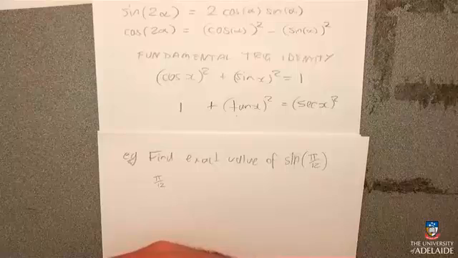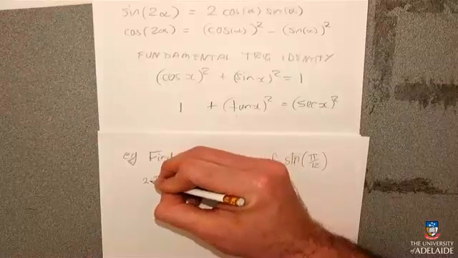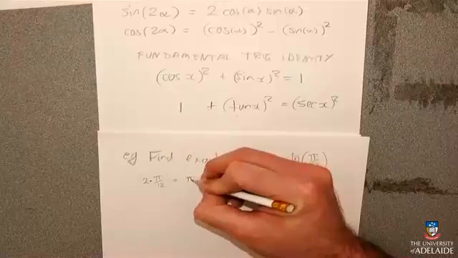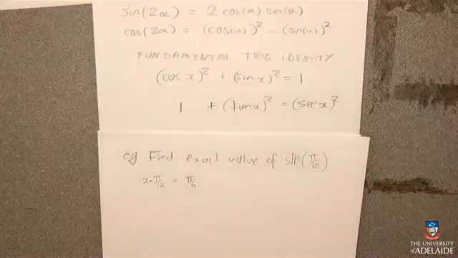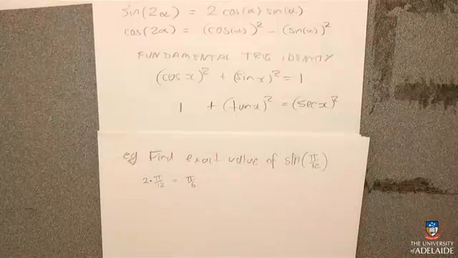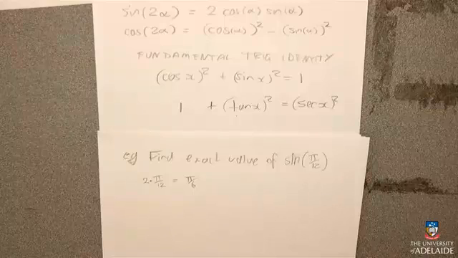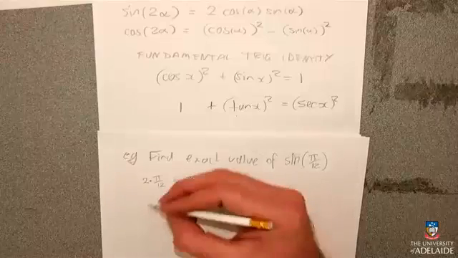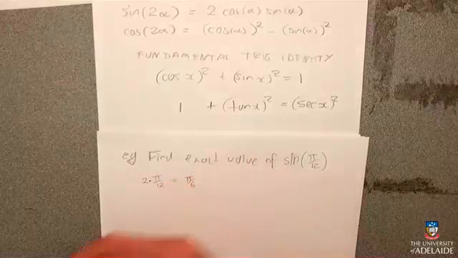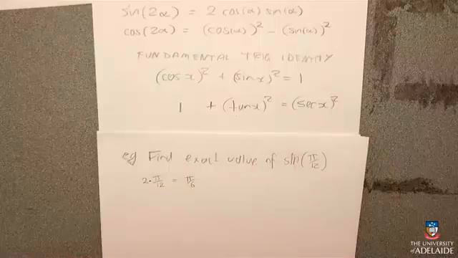It's going to be easier for me to think about it like this. 2 lots of pi on 12 is the same as pi on 6. That's the first observation I'm going to make. And what that means is I can use the double angle formula to calculate the thing I want to calculate. Let's try it and see what happens.